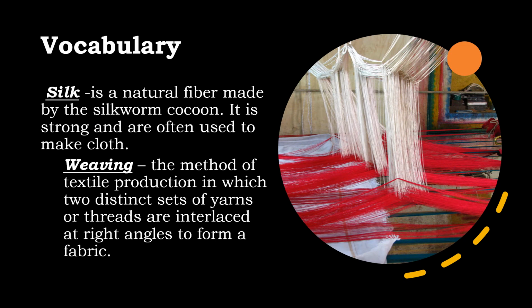Silk is a natural fiber made by the silkworm cocoon. It is strong and is often used to make cloth. Weaving, the method of textile production in which two distinct sets of yarns or threads are interlaced at right angles to form a fabric.